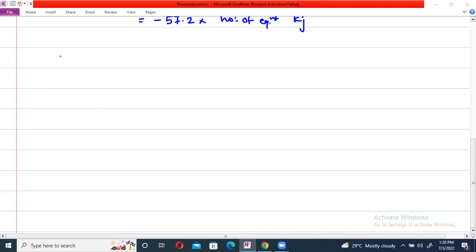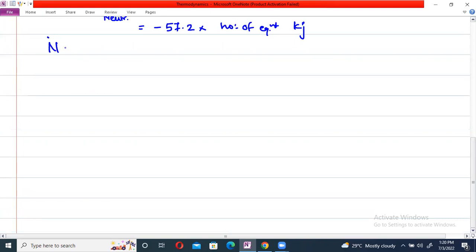On one side we have a strong base, we have a strong acid, we get a salt plus water, and they ask for the delta H, which should be in kilocalories.